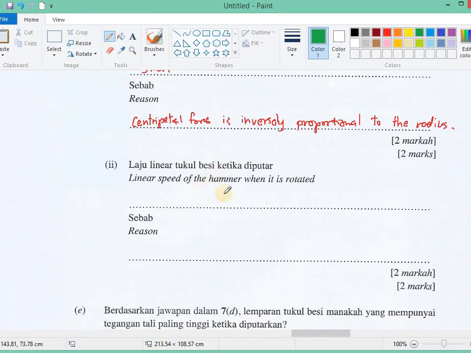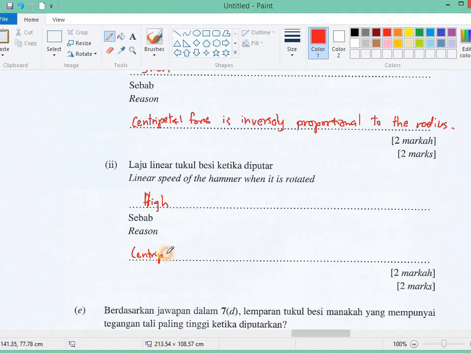Next, linear speed of hammer when it's rotated. Linear speed high. What is the reason?